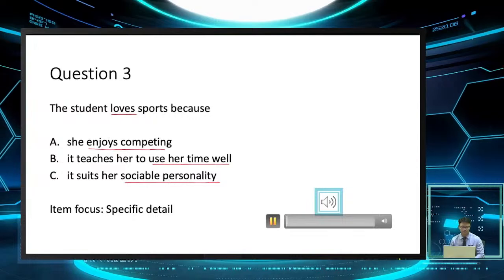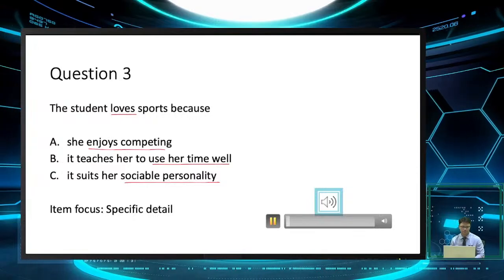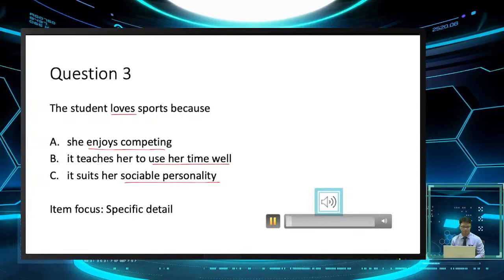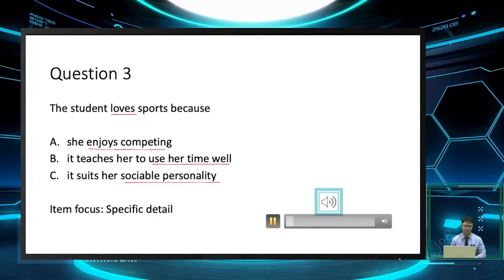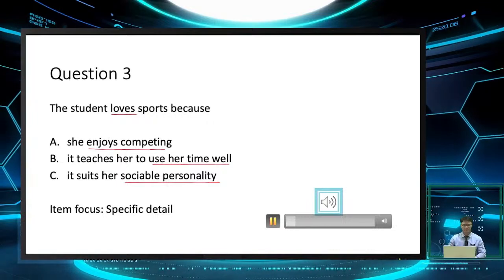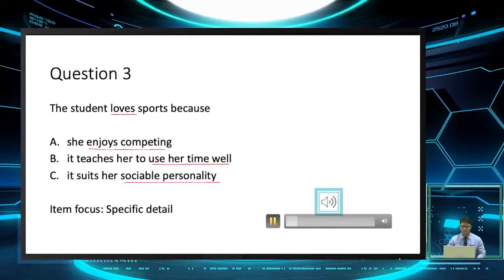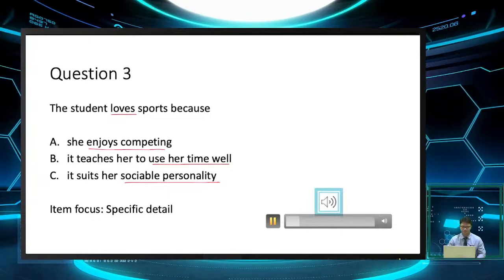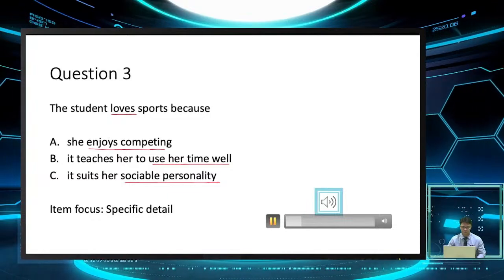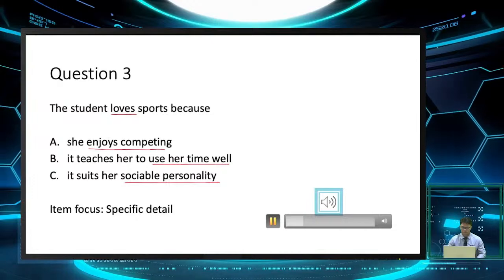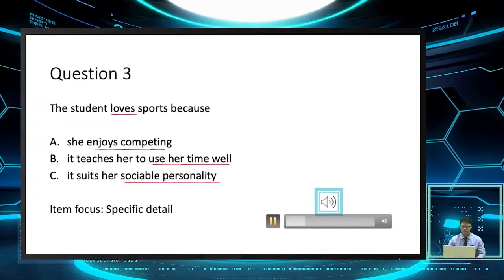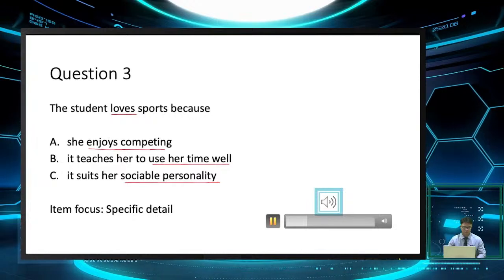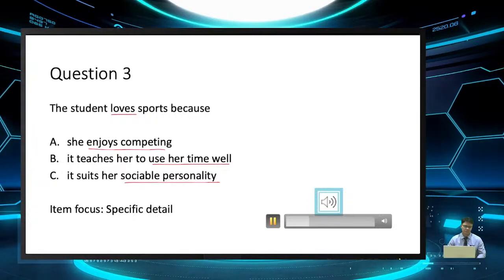Question 3. You hear a student talking about the importance of sports. I love sports. It does take a lot of my time, but it has its benefits. I compete in a lot of sports events and I love meeting new people. When teenagers add sports to their schedule, they are adding a commitment.